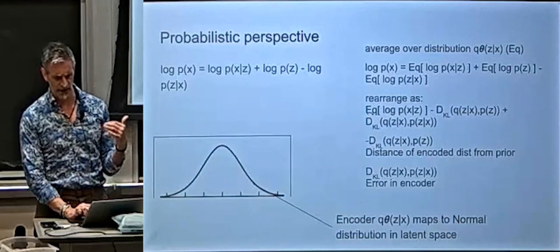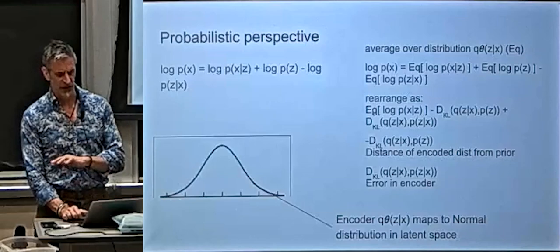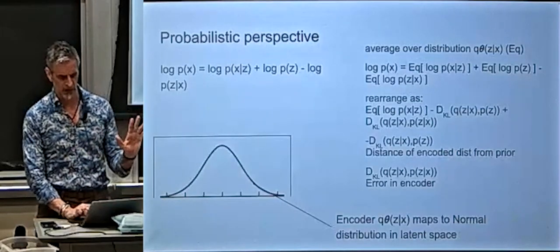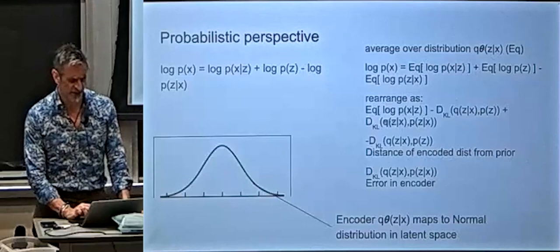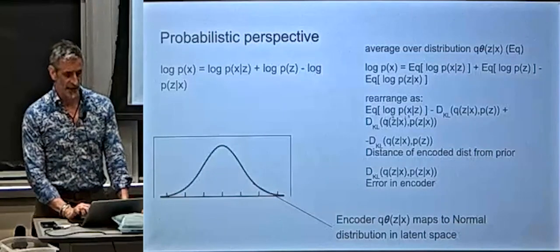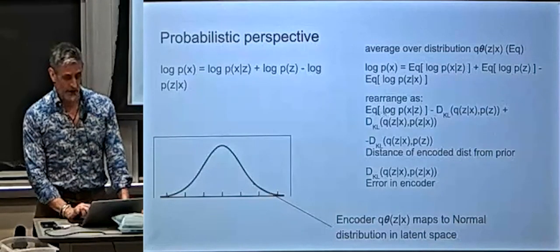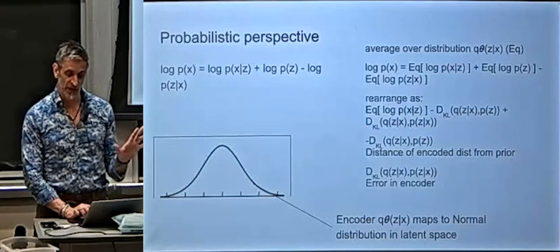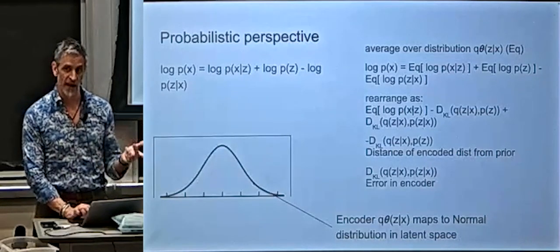Everything in the E_Q bracket is just integrating over Z and multiplying those terms by Q of Z given X. I'm going to get that weighted average of log P of X given Z. Remember, that's what we can calculate, right?